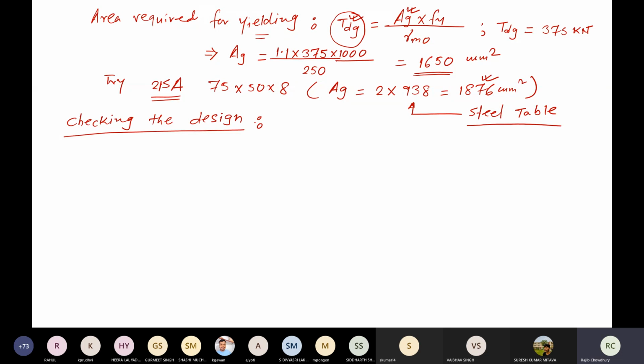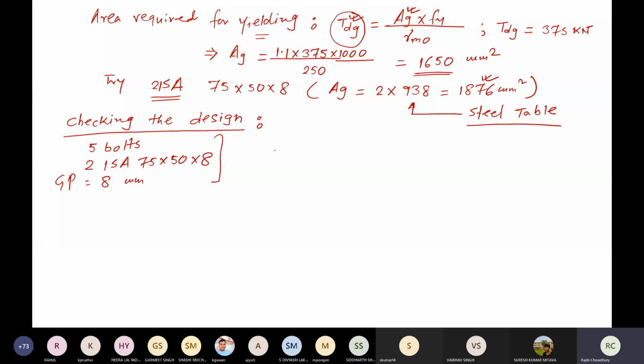To check the design, I first have to make the connections. So the 5 bolts that I have already calculated, and I have 2 ISA 75 by 50 by 8, and my gusset plate thickness is 8 mm. With this information, I have to check the design.